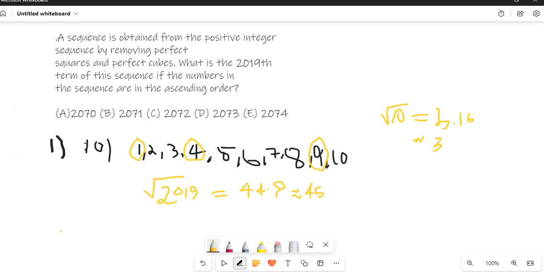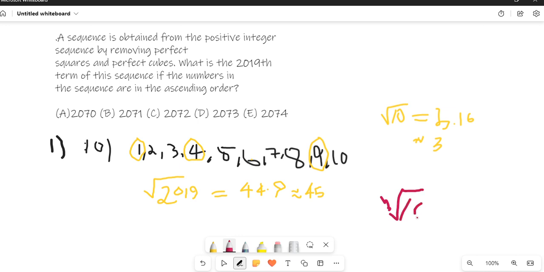Now moving further, if we ask how many perfect cubes there are before 10, similarly we can just take the cube root of 10, and it will give us the number of perfect cubes that come before the number 10.